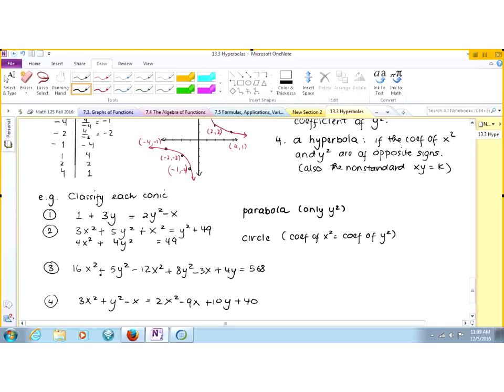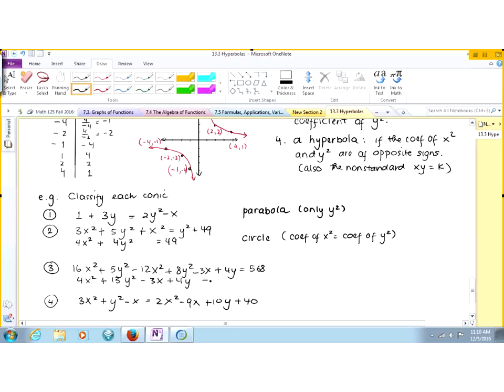How about number 3? Is it a circle too? Is it? 16x squared minus 12x squared, that is what? 4x squared plus y squared. What about y squared? 13y squared, right?